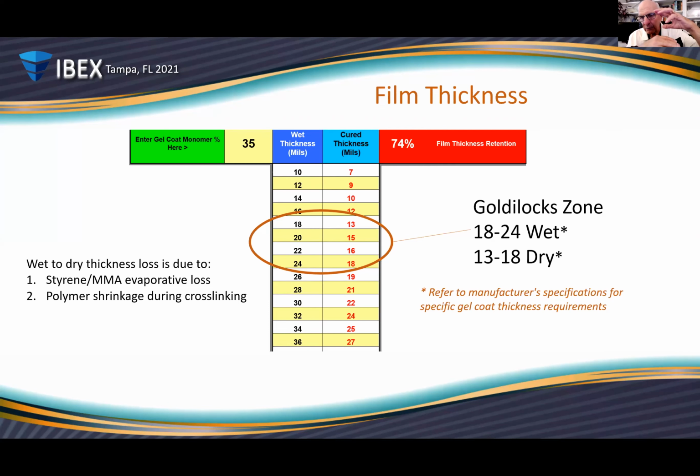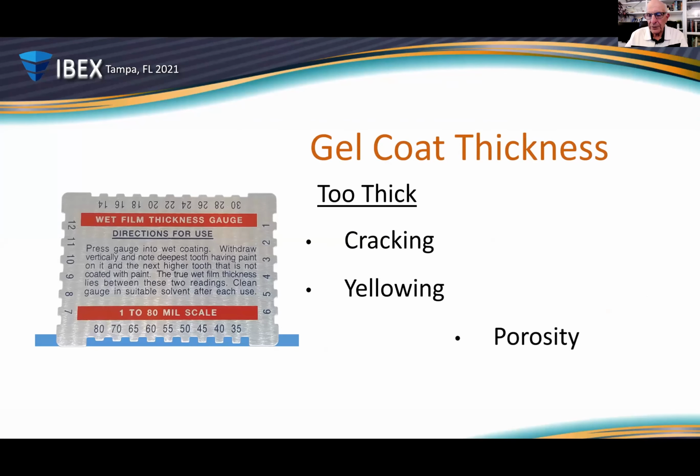And when they cross-link, when those reactive sites bond, they actually pull closer together. So you have the volumetric loss from polymer shrinkage, and then you have the evaporative loss of styrene. So if you spray the material under thickness, then the cured thickness is going to become a problem because you're losing the 24% of material from wet to dry. So film thickness in general is a major issue with gel coating.